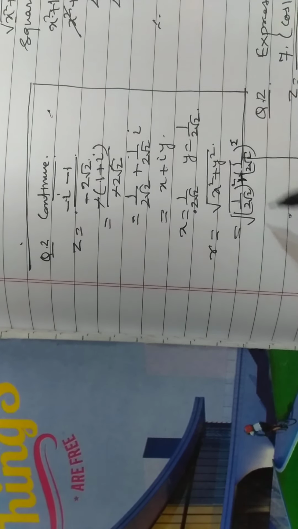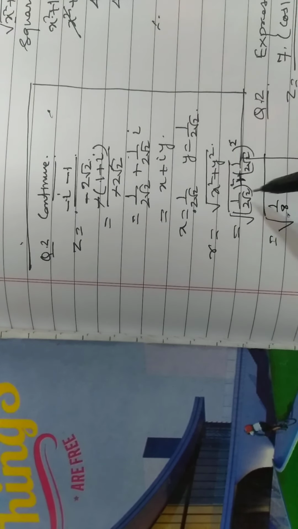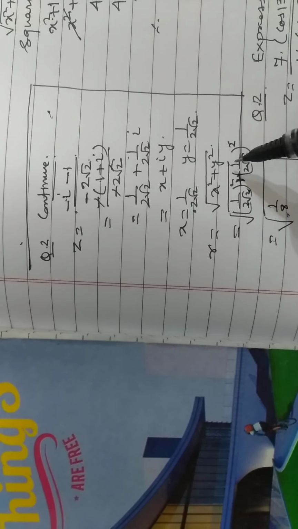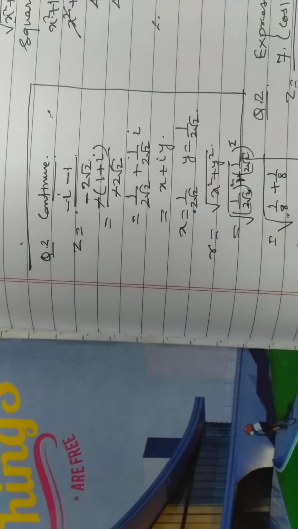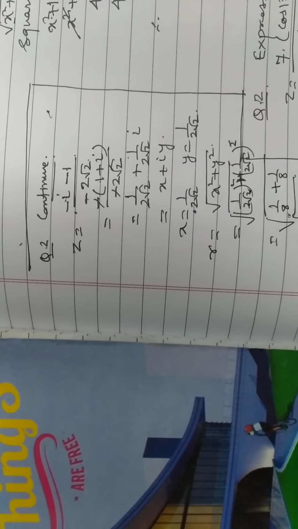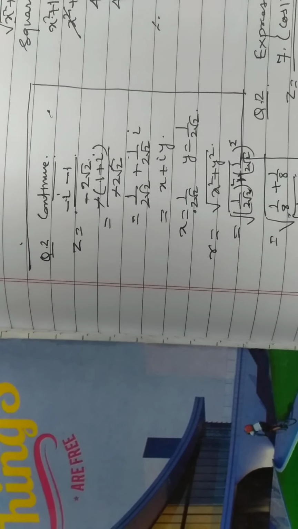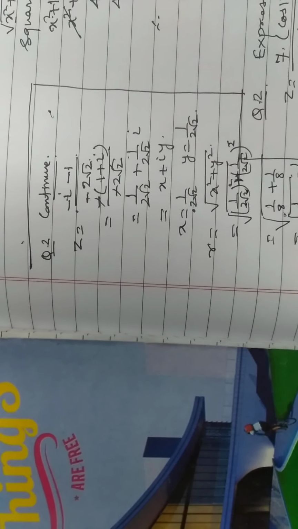Here is plus, so each is 1 by 8, since 2 root 2 squared is 4 times 2, which is 8. After adding we get 2 by 8, so 1 by 4. So it is equal to 1 by 2.